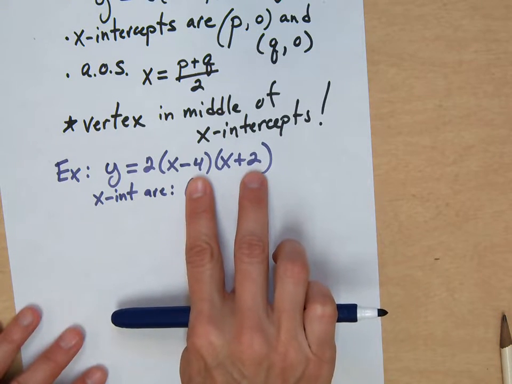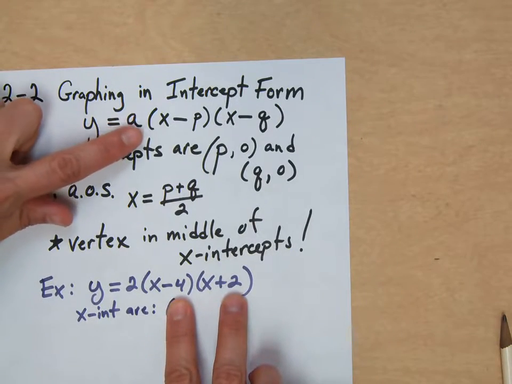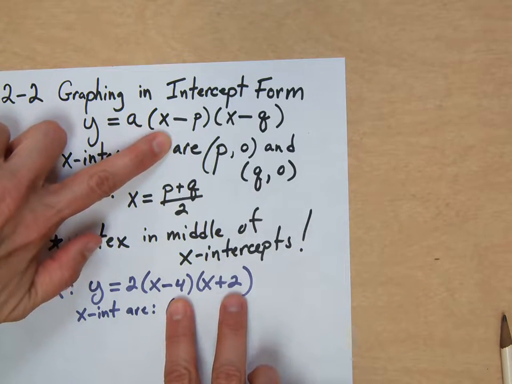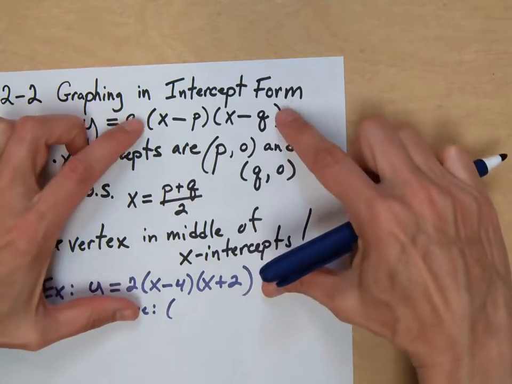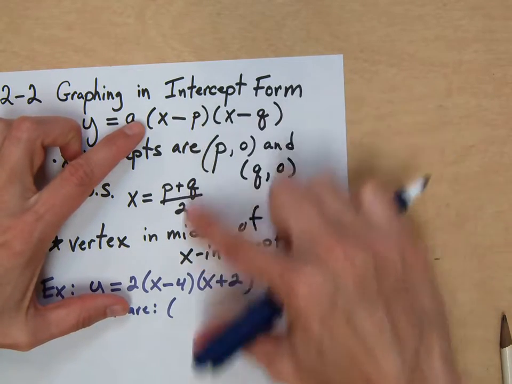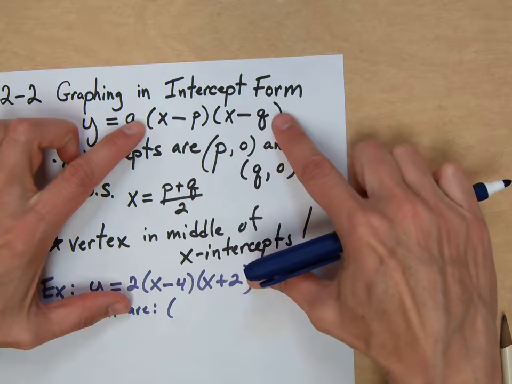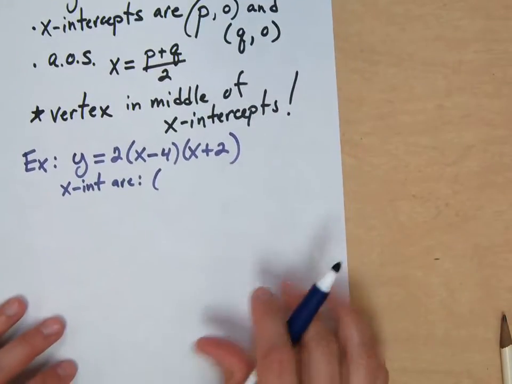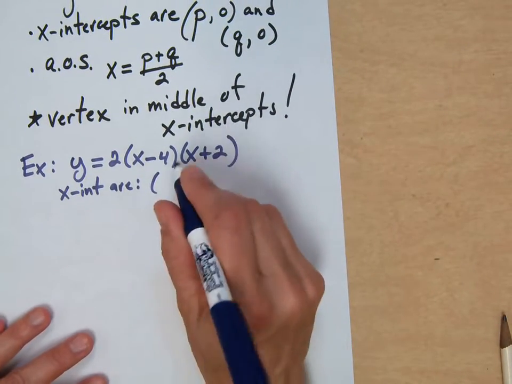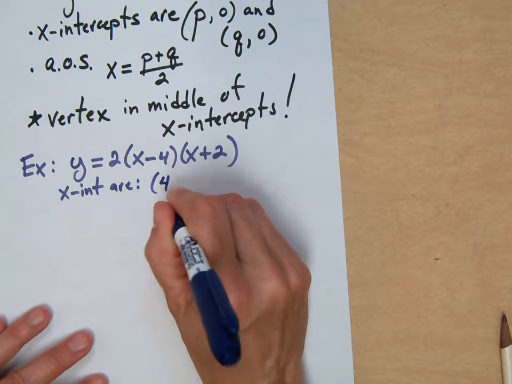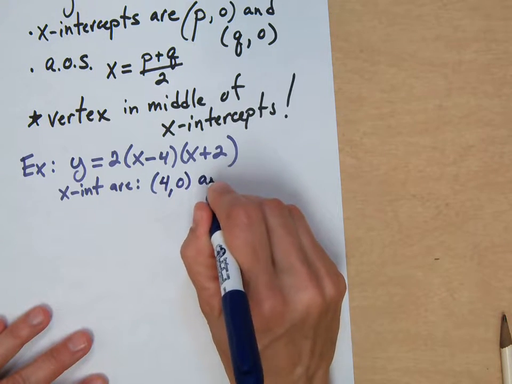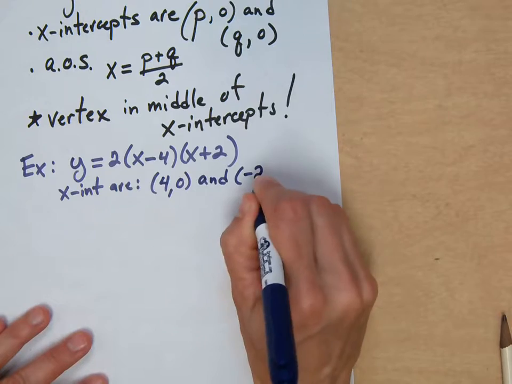Why the opposite? Because in the general form it's subtraction. If you match these up, the p is 4 and the q is negative 2. So the x-intercepts, if I write the coordinates, are 4 comma 0 and negative 2 comma 0.